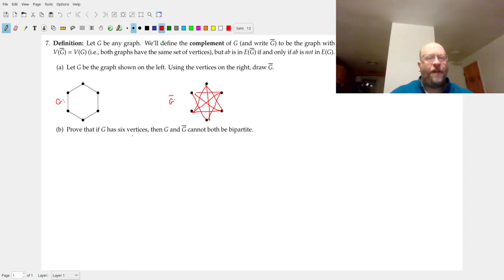Prove that if G has 6 vertices, then G and G bar cannot both be bipartite. Okay. So this is going to be a proof by contradiction.